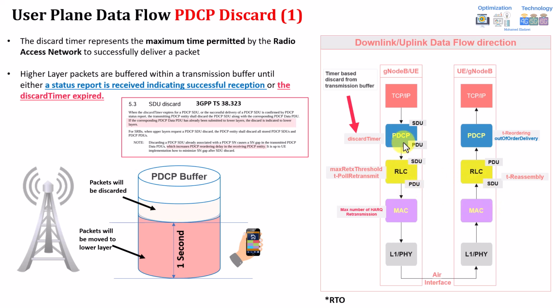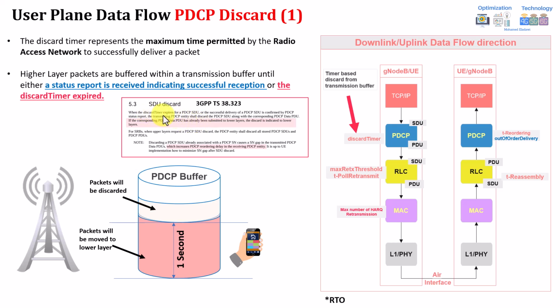The PDCP will not move it out of the buffer unless the packet is transmitted from PDCP to the lower layer and acknowledged by the lower layer. So assume the packet is still there after 1 second. This packet will be discarded after 1 second if it is not acknowledged by the lower layer. And sometimes, as mentioned by 3GPP, if you read the description here, when the discard timer expires for the PDCP SDU or on successful delivery, these two things can discard the packet.